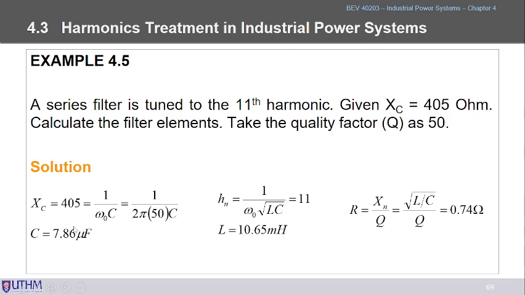Once we obtain the C, we substitute it into here, and we can find the L very easily. Finally, with the Q and the Z naught that we obtain, where Z naught is the square root of L over C, we divide by Q of 50, and then we can find the R.